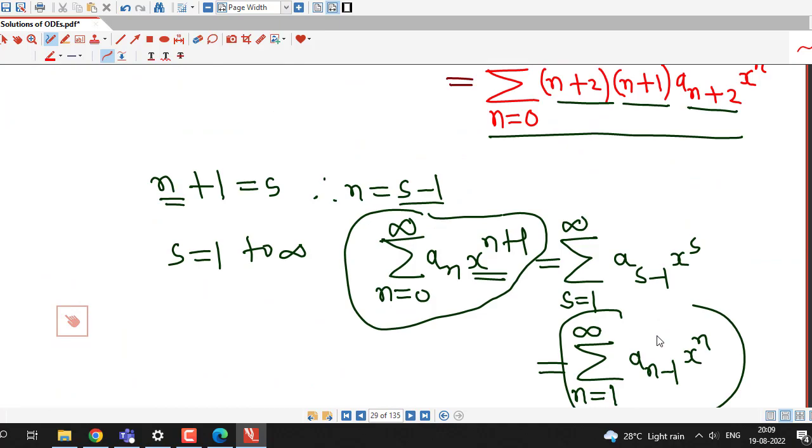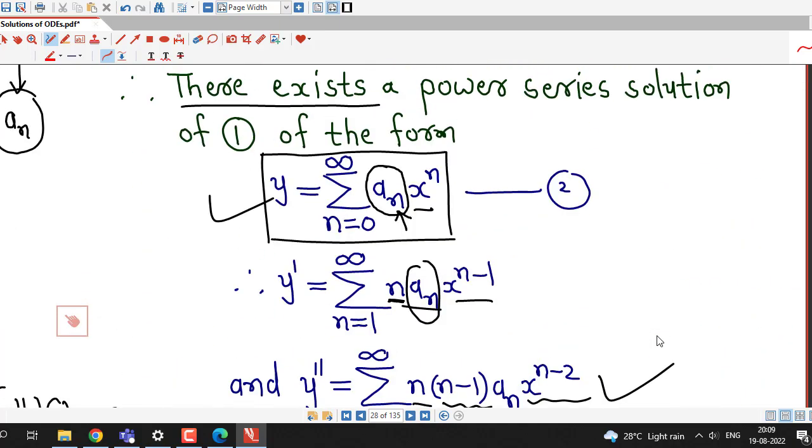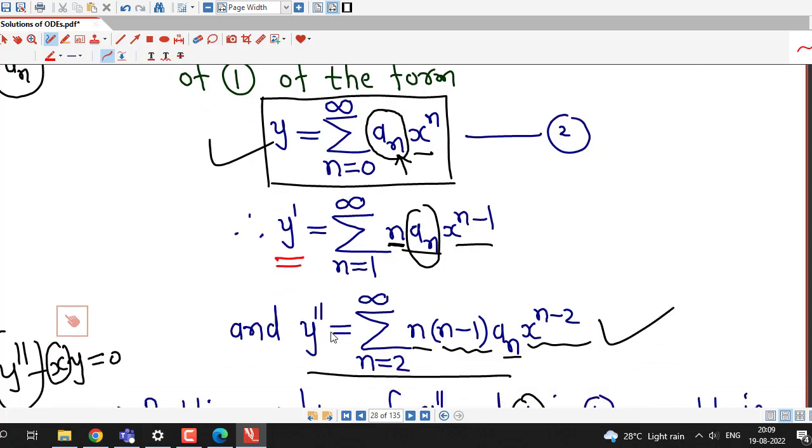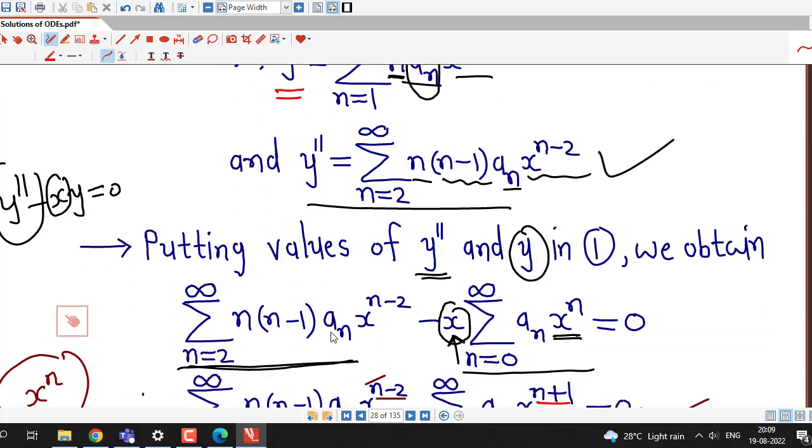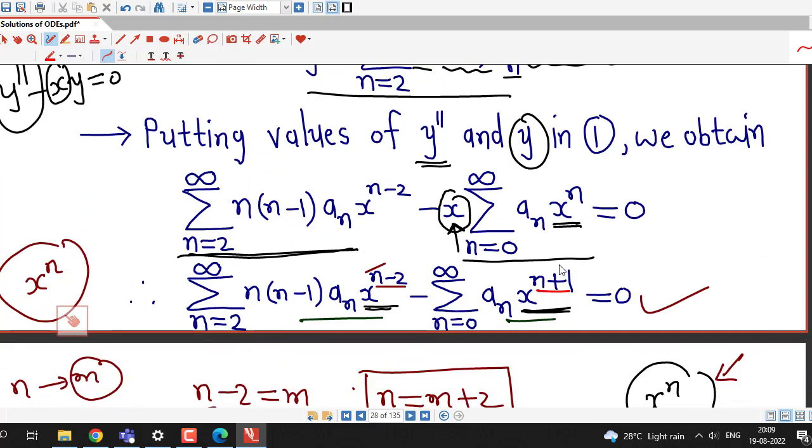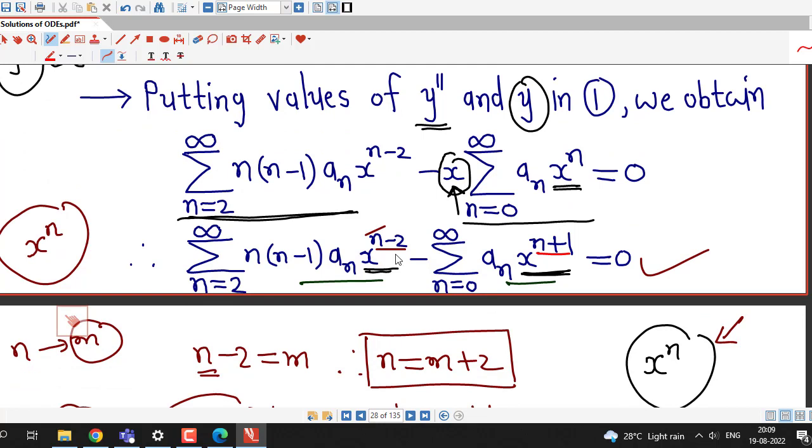First step which we started is we assume that y equal to sigma an x raised to n, n equal to 0 to infinity, is a solution of the given equation, and then we find out y dash and y double dash. After that we substitute values of y double dash and y in the given equation, and then in the next step we first try to make the power of x as n.